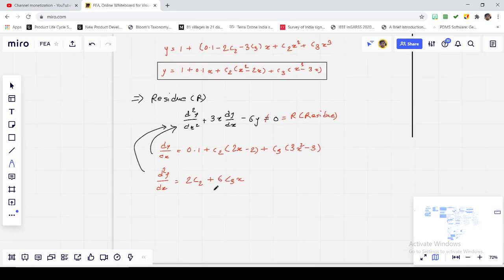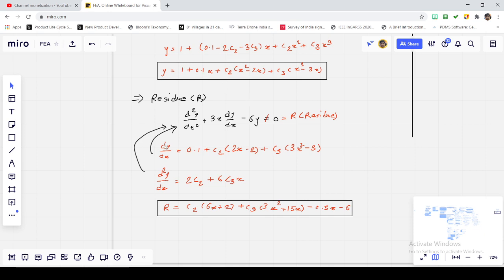Finally, if you calculate, you will get an equation for R. We are interested in the equation of R. So R you will get c2 into 6x plus 2 plus c3 into 3x square plus 15x minus 0.3x minus 6. This will be the final equation of R which you will get.